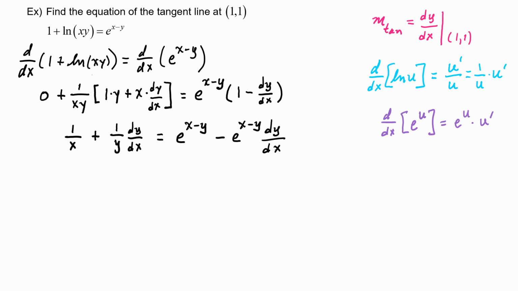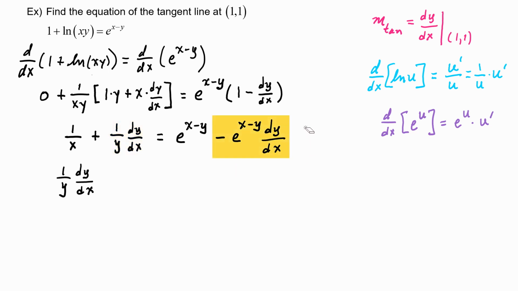So now we will gather any term that has a dy/dx over on the left-hand side, and any term that does not have a dy/dx, these two, will be on the right-hand side. So this term is going to stay on the left. We have 1 over y dy/dx.